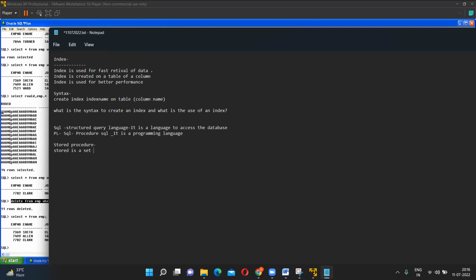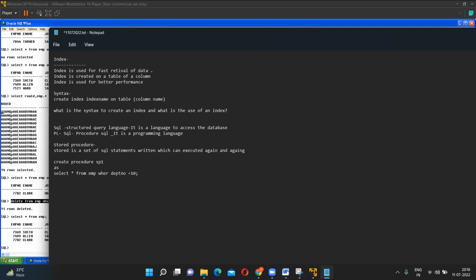A stored procedure is a set of SQL statements written which can be executed again and again. Suppose we write create procedure name, and then select star from EMP where department number equals 10.